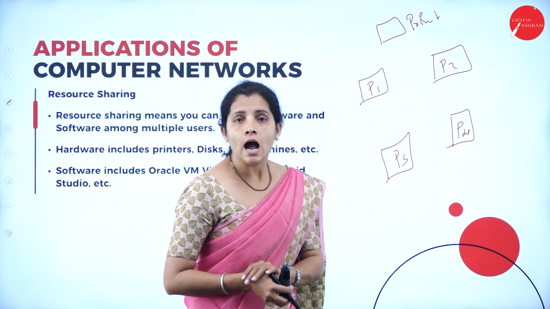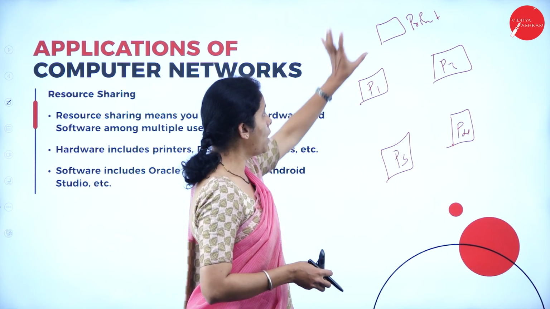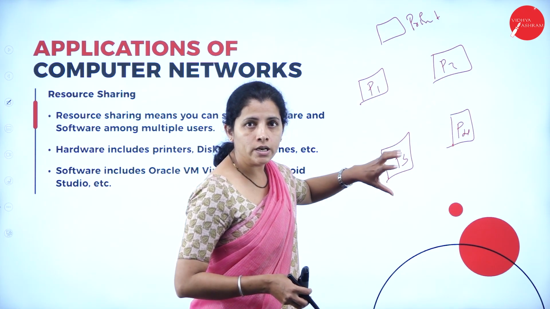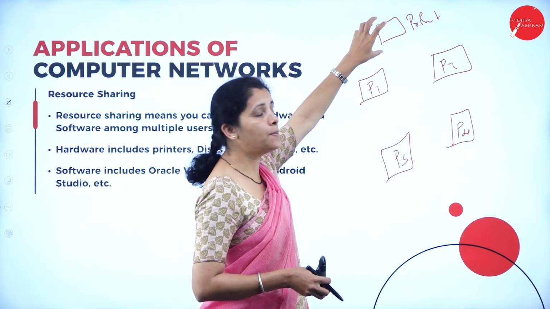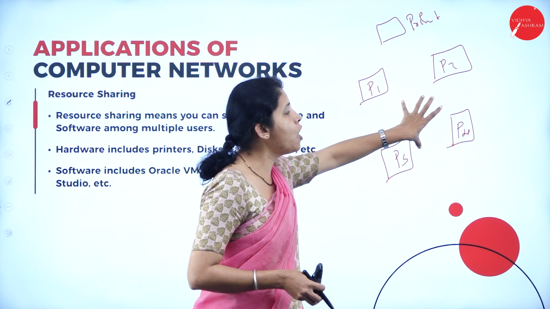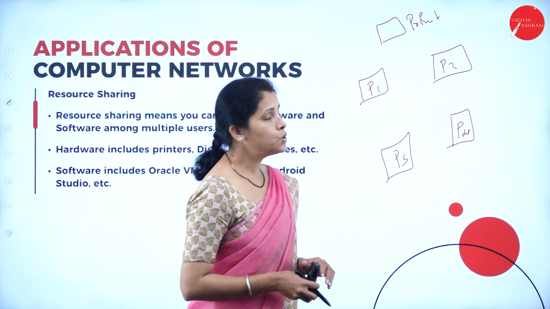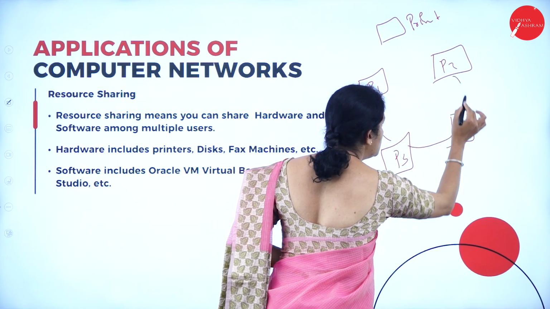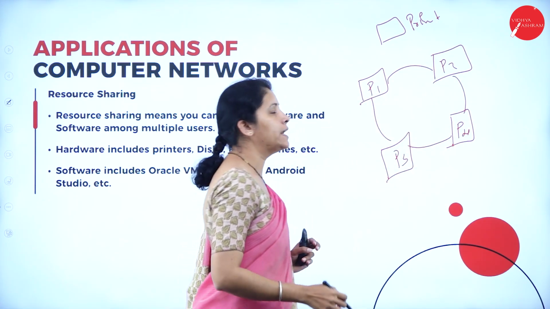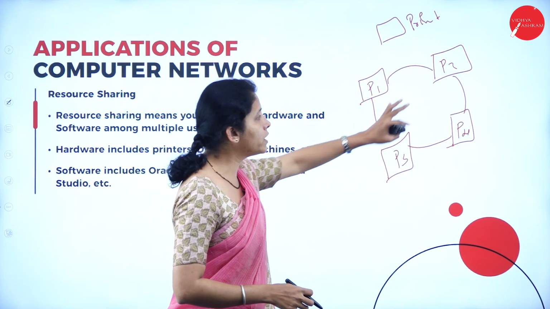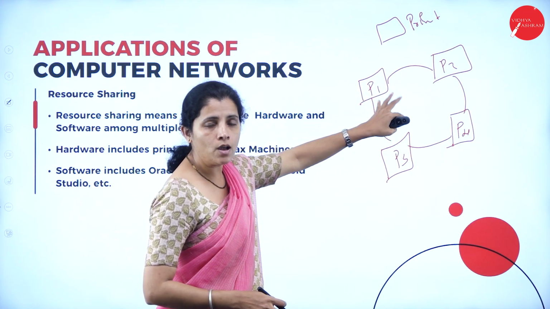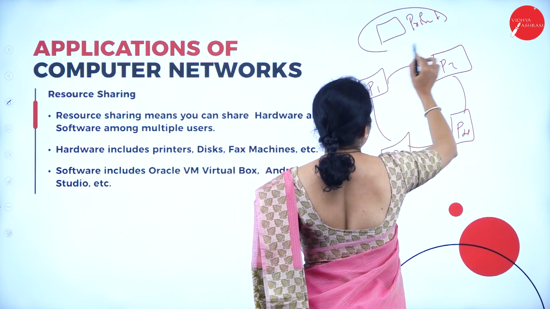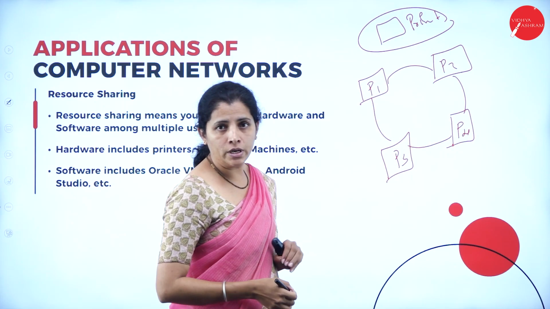So what shall I do now? See here, one printer, 4 computers. Now what I want to do here is share the printer among all 4 computers. So I want to establish a local area network connection between all 4 computer systems. Then I want to install the printer in any one of the computers.